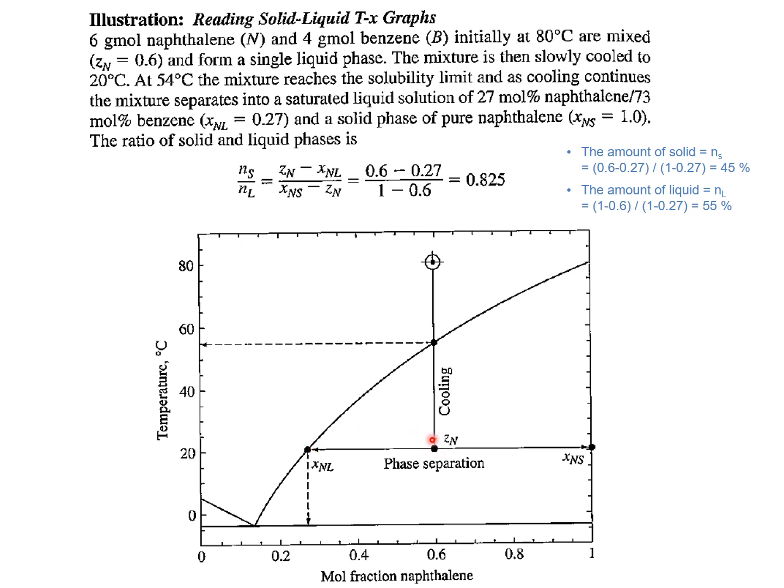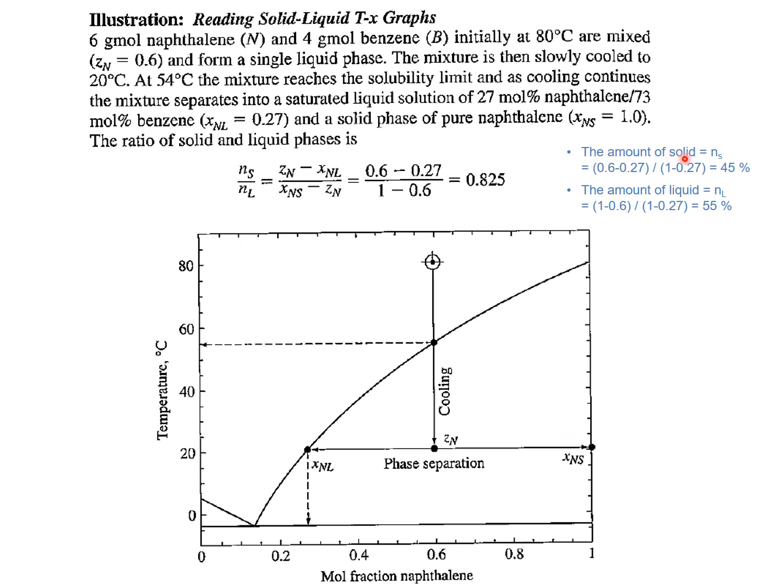The length of this solid line is going to give the amount of solid. And the other line is for the solution. I'm talking about the inverse lever rule. So this line is responsible for the amount of saturated solution of naphthalene in benzene. Then let me calculate it.